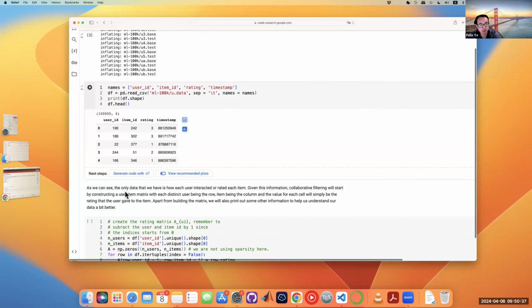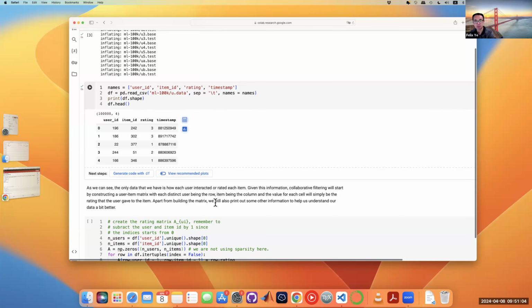So the data set that we have only records how each user interacts with items. This is usually the data set we have. We don't have the sparse matrix constructed. It's very common because the matrix is sparse, so we don't actually store it. We only store the data of users interacting with each item.